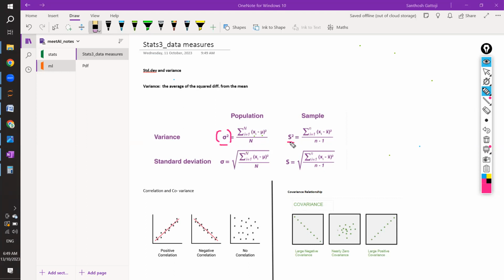You can use it wherever it is required. If you want to use the square root of this value, you can directly take the square root and use it, right? But why are we creating a new measure called standard deviation, and we are studying it? Or why are we taking the square root of variance, right?